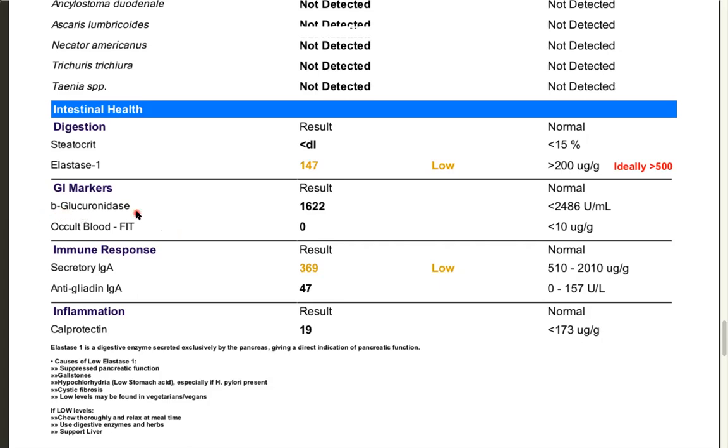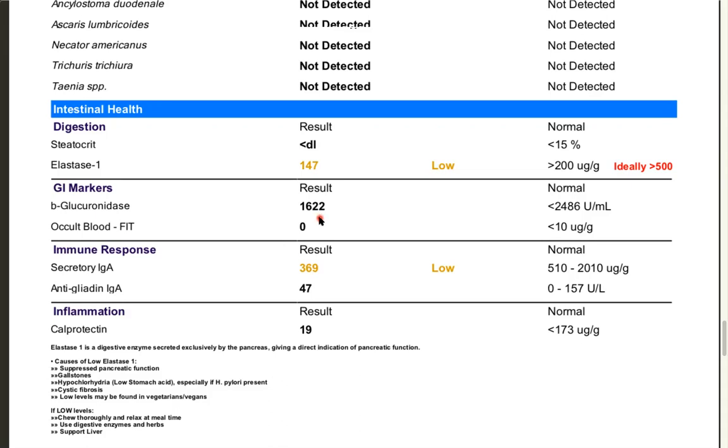Our beta glucuronidase is a marker of our phase 2 liver detox pathway. And so if it is too high, it could mean that we have impaired liver detox and things are being circulated back into the body. So if this is high, I usually think that it could mean that the person is also constipated and hormones may be recirculated back into the body.